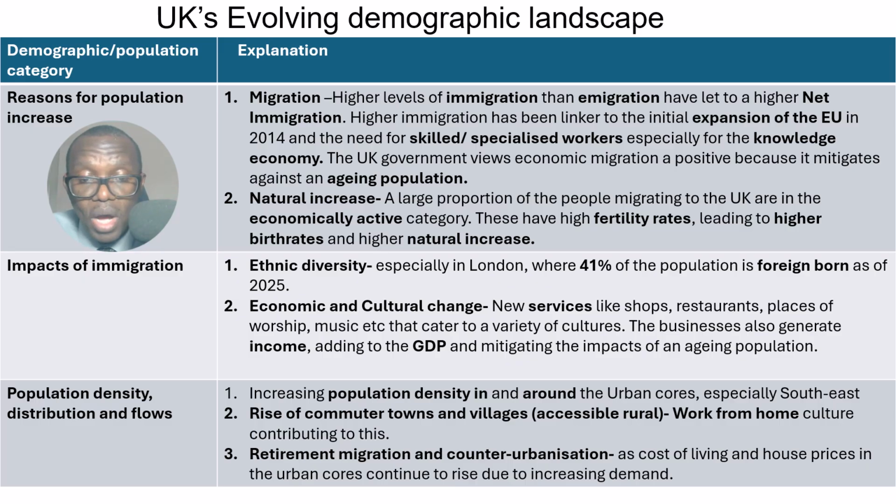As we mentioned before, Aladale, for example, is a place that is getting retirees going to live there, and so that is a flow of population. So the flows here of population are retirement migration and counter-urbanization.